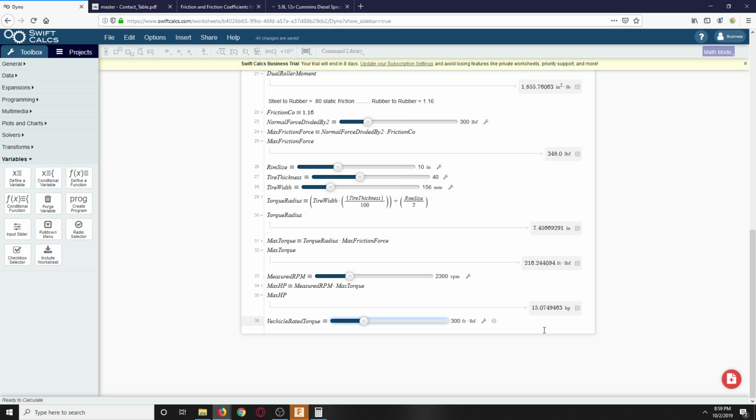So we have torque entered in, and we have moment of inertia up here. So that's 2. We have system RPM. We have angular velocity.